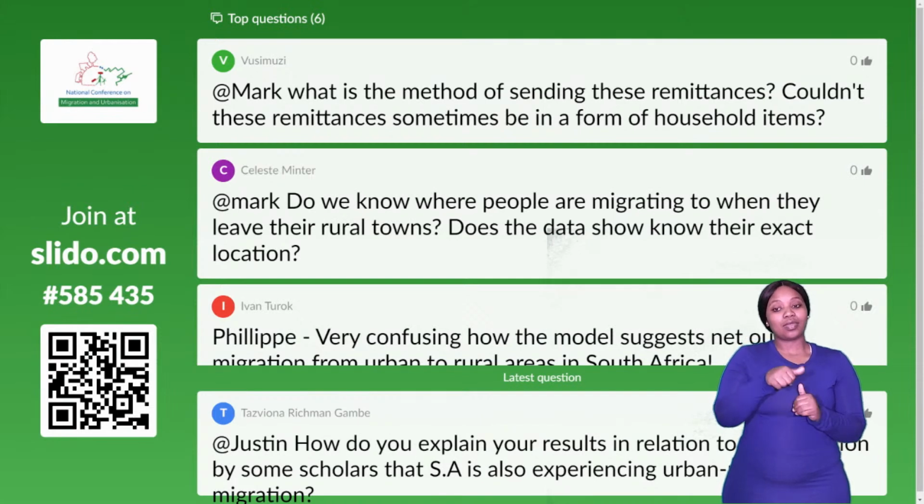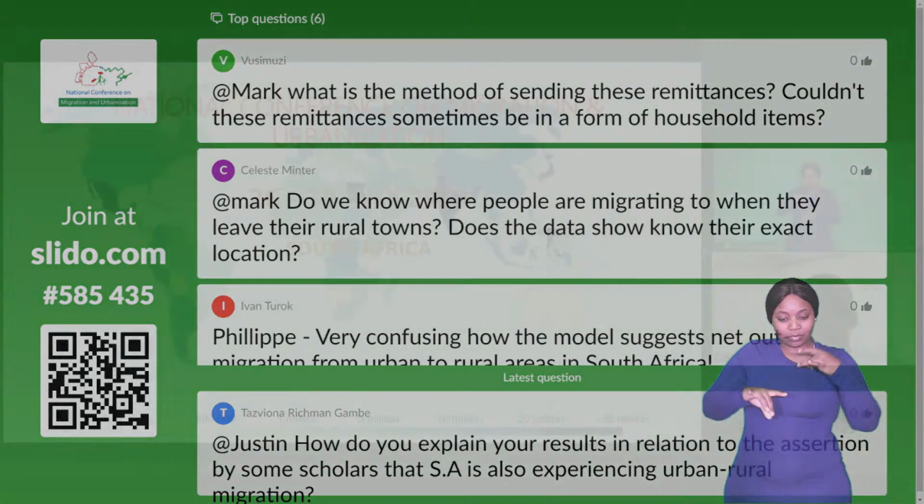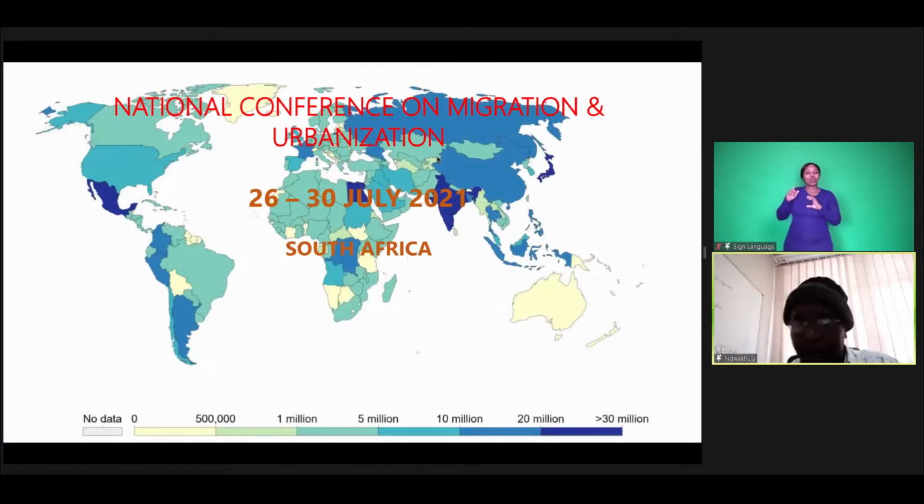previous presenters who have, in a way, tried to contextualize the issue of migration, but also rooting it within the context of rural-urban migration. And again, migration within the South African context cannot be fully understood unless we understand the history of how this migration has been modeled using different policies.